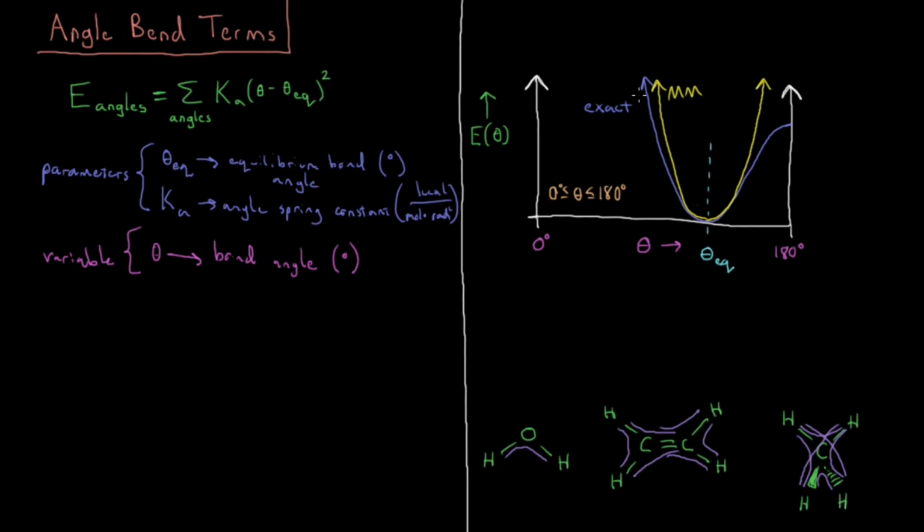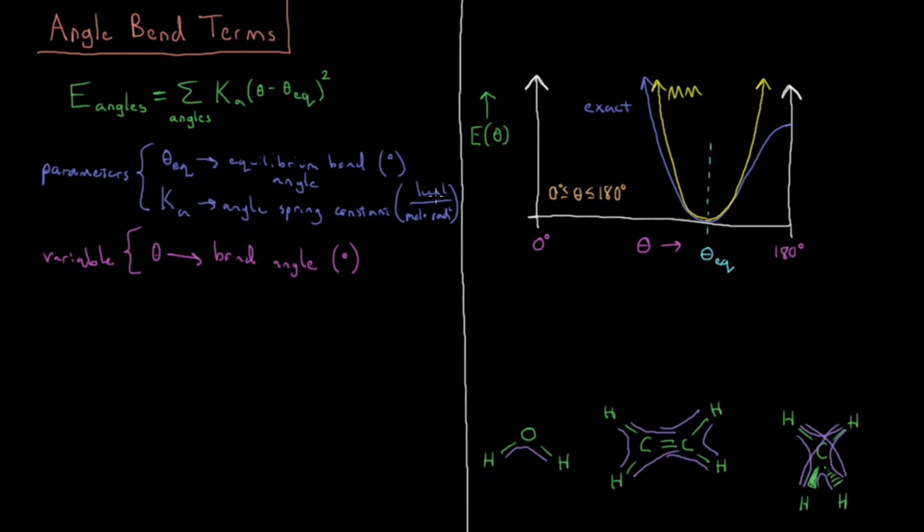For molecular mechanics, this function is a parabola that goes up, up, up. When it reaches 180 degrees, it starts going back down on the other side as bond angles start decreasing on the other side. But overall, it has the same general functional form as what we saw for bonds. So you have the same kind of origin where you can take a second order Taylor series around the minimum and derive the parameters, where your spring constant is 1/2 the second derivative evaluated at the equilibrium bond angle.